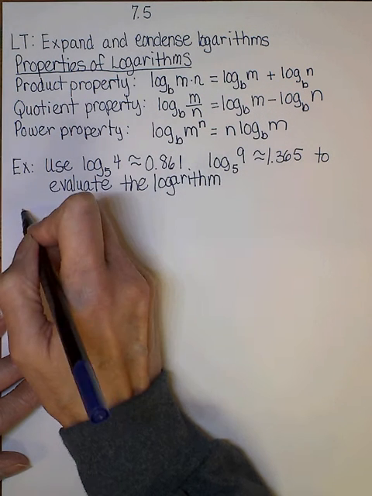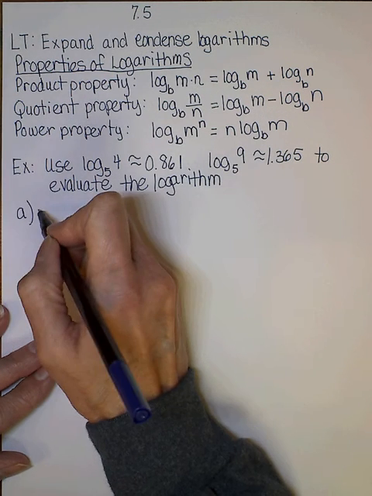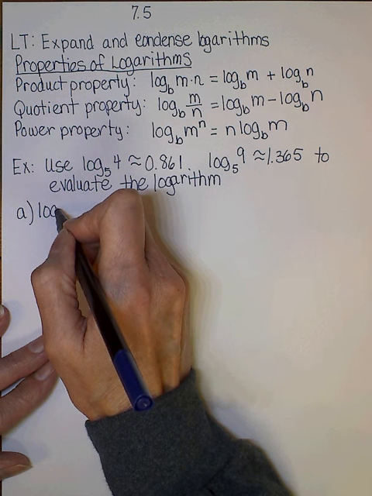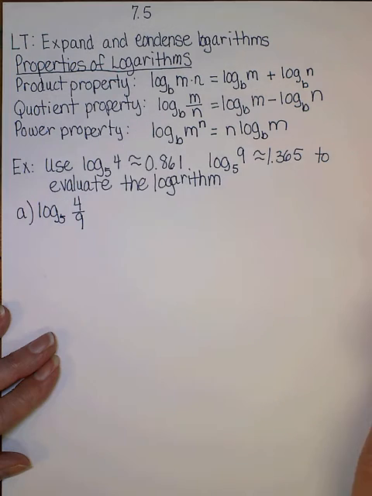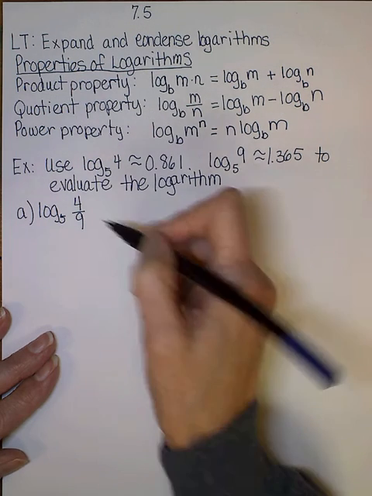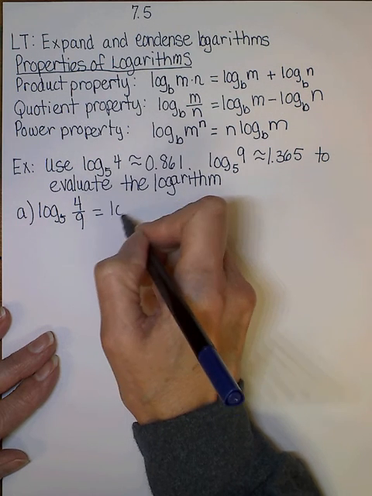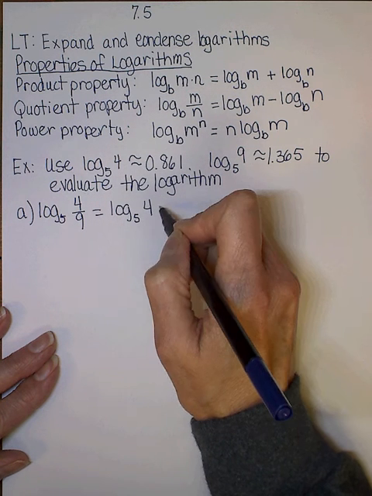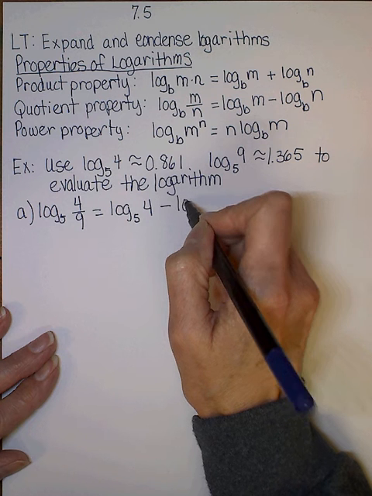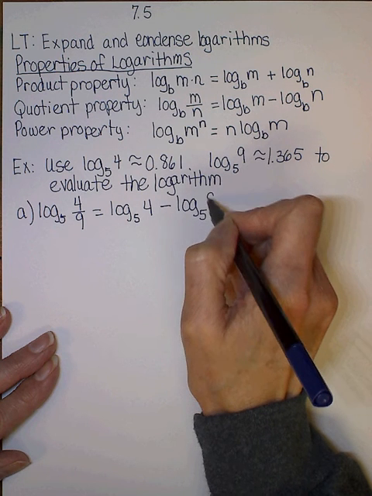Alright, so this one is a division problem. 4 divided by 9. So what we want to do is expand it out. And remember, this will expand out with subtraction. So the log base 5 of 4 minus the log base 5 of 9.